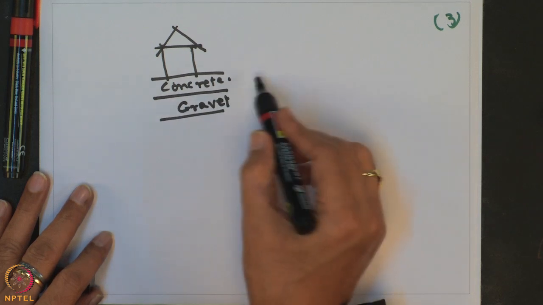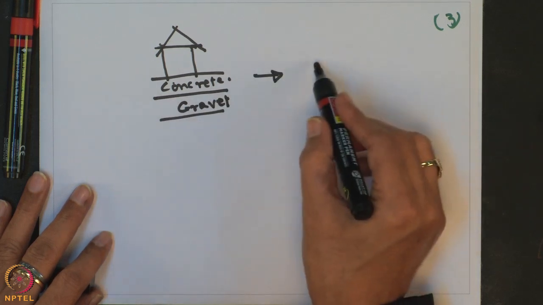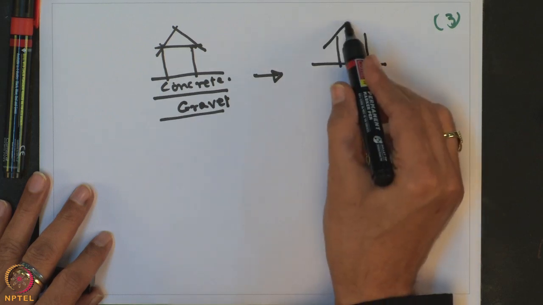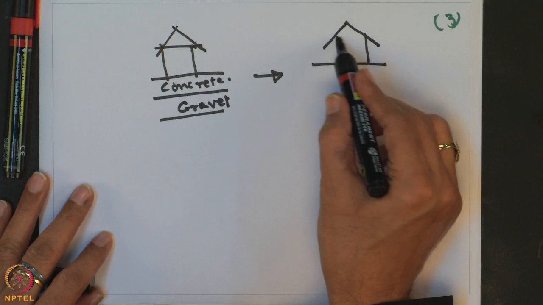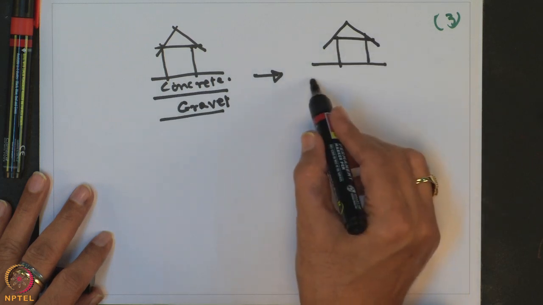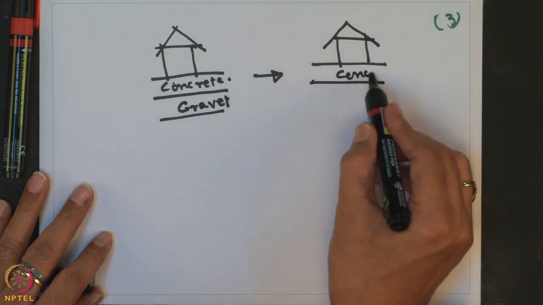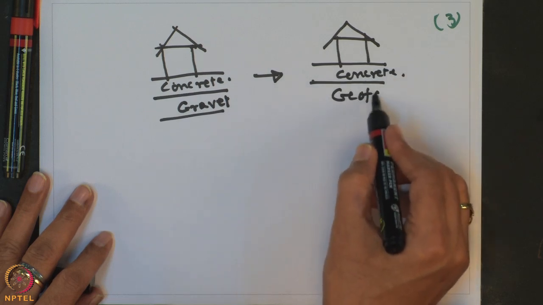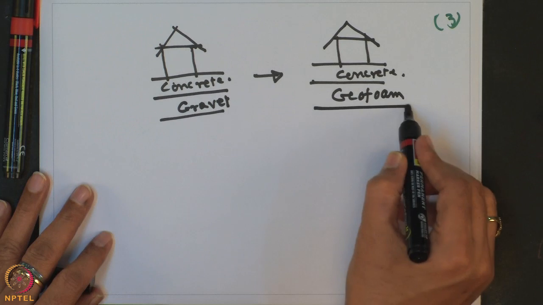Alternatively, you can construct the house with the top part, let us say concrete, and the bottom part the geofoam material.